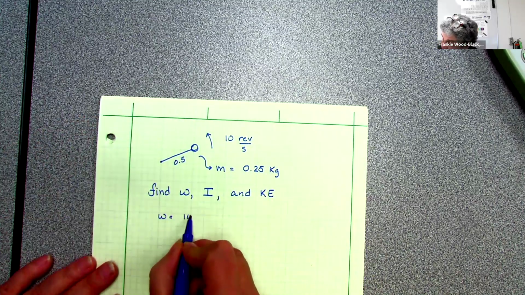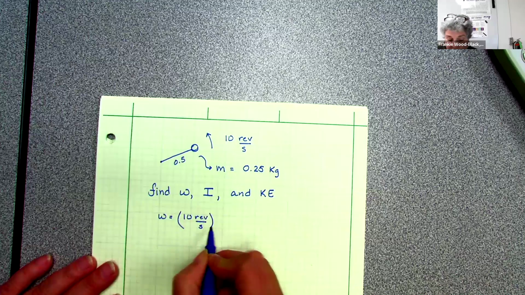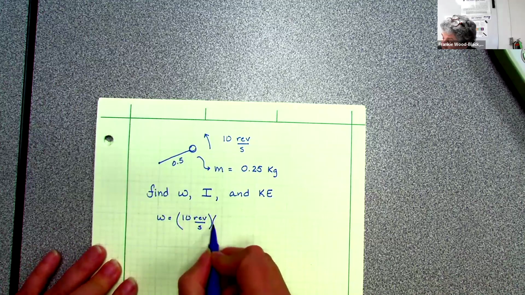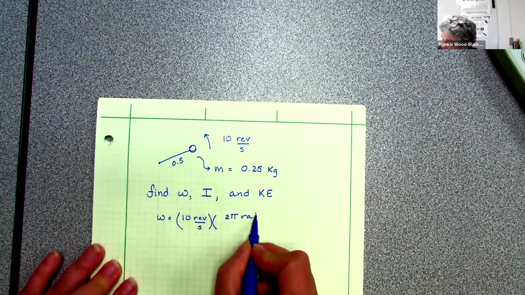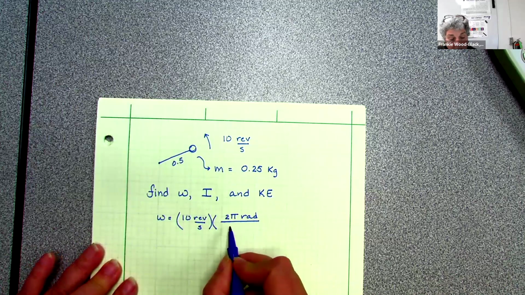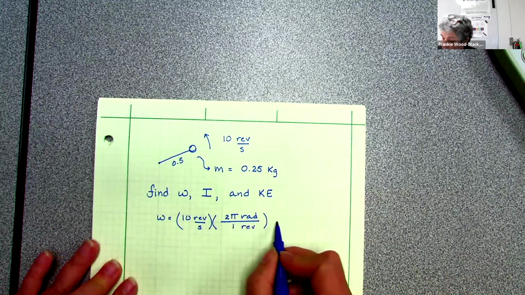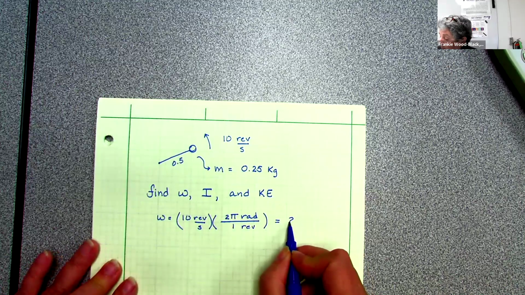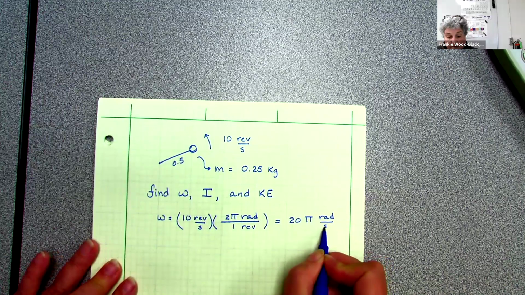We're given it as 10 revolutions per second, but we want to convert that to radians per second. And there's 2 pi radians to 1 revolution. So we're going to end up with 20 pi radians per second.